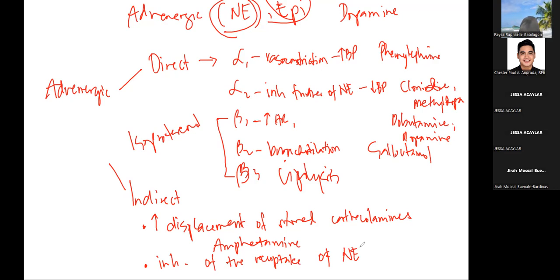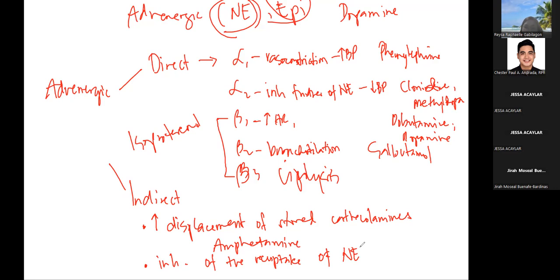Actually, 90% of the released norepinephrine is taken back into the cell. And inside the cell, it can be degraded because MAO, the monoamine oxidase, an enzyme capable of destroying norepinephrine, can be found there.